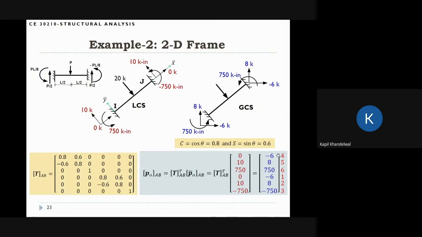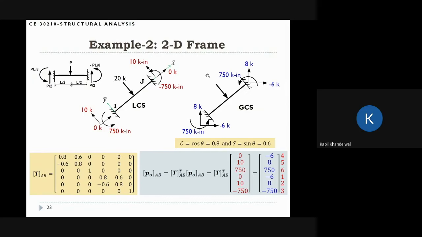So I and J degrees of freedom. Now I'm writing the numbers in the global coordinate system. So this is -6, 8, 750, and then -6, 8, 750. Actually, there's a typo here. There should be -750. I'll fix this typo on the slide later on.